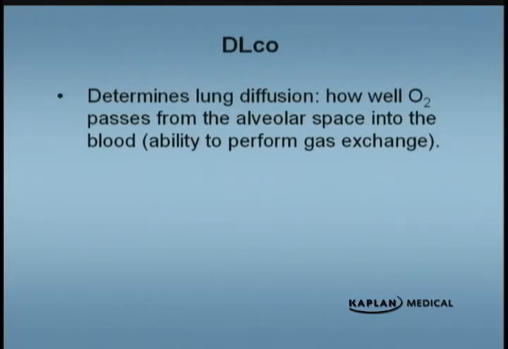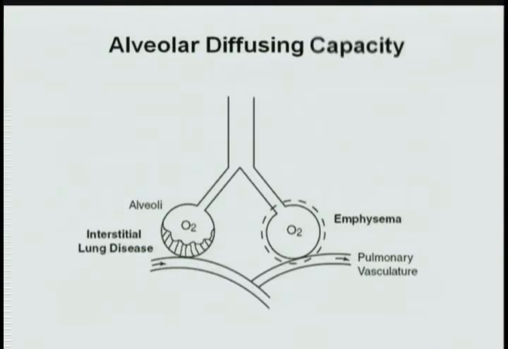This is an important test, and if you look at this figure here, it illustrates what kind of information we get from this test. Look at the alveolar membrane here. Now remember, we're giving this patient carbon monoxide, and we're measuring, does it diffuse well across this alveolar membrane into the pulmonary vasculature. Now look at this.